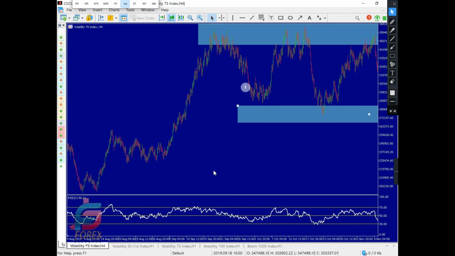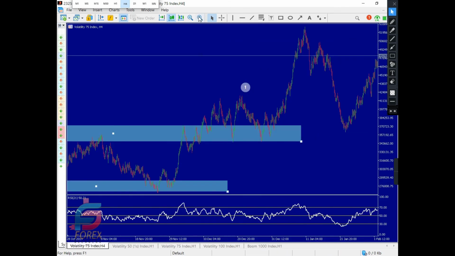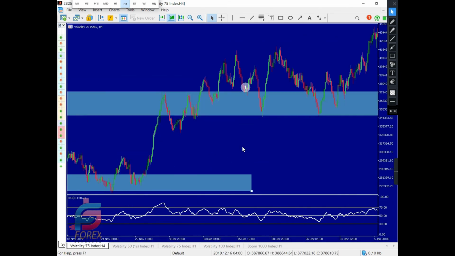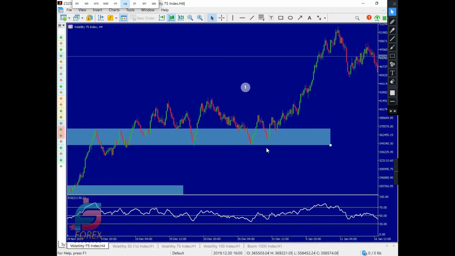If I zoom in, let's see if there is some candle pattern that can make us enter the trade. One of the candle patterns was this strong bullish candle here, and then this one there was a nice rejection at this area, so you enter on the next bullish candle.